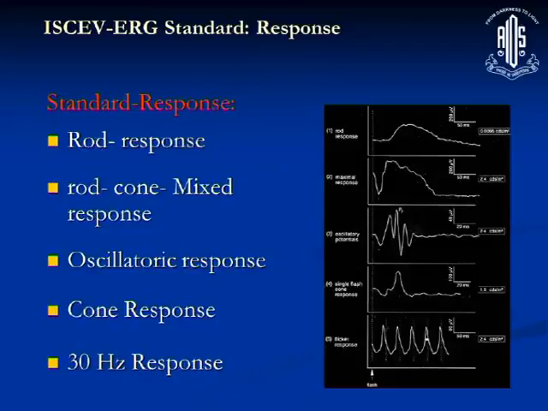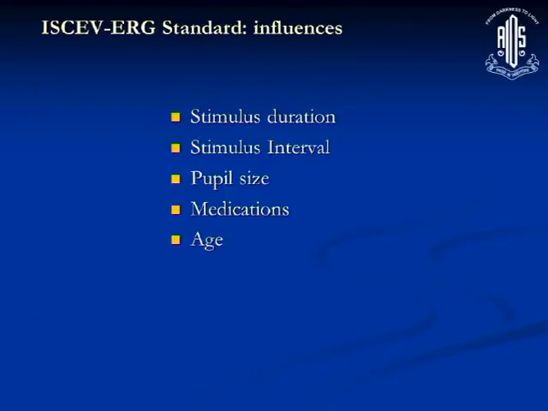And the cone response has slightly different waveforms. And the 30 Hz flicker looks like this. So we should be aware of the kind of waveforms we get. It depends on a lot of factors like stimulus duration, stimulus interval, pupillary size, medication, and age of the patient.